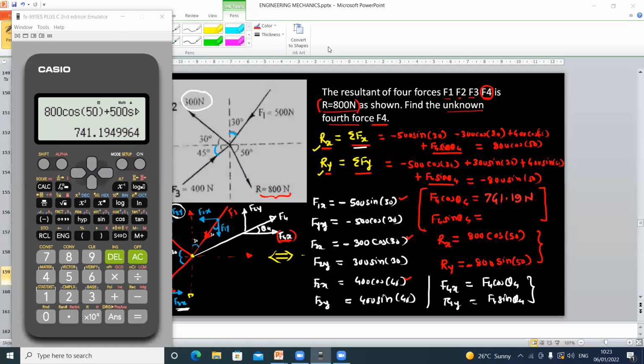The answer for F4 cos theta 4 is 741.19 and F4 sin theta 4 is minus 612.66.